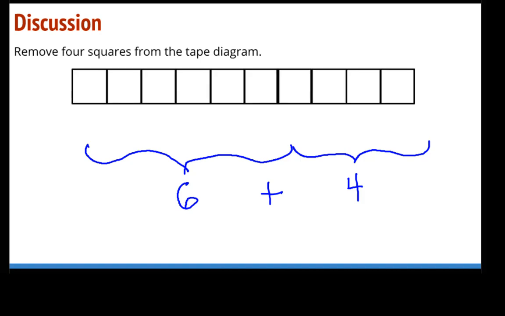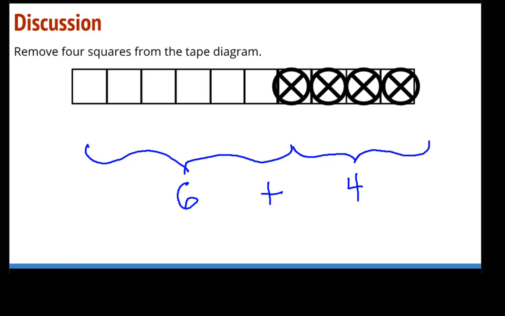So now, how would we show removing 4? It'd be easy with your squares of paper. Just take the 4 squares of paper off. How would you represent this with a tape diagram? You could certainly X them out.